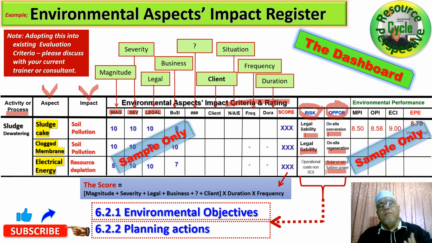So that is the ultimate aim for ISO 14001 version 2015. I hope you are able to catch the ball, you are able to follow, and please get advice from your respective consultants and trainers to help you out in depth with this. This is just principle and philosophy for you.